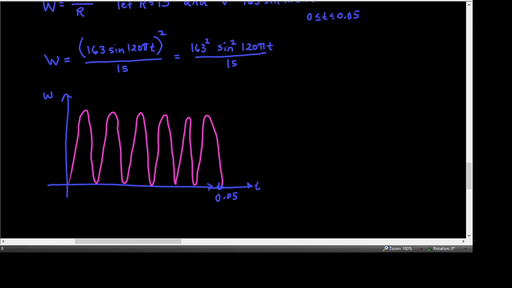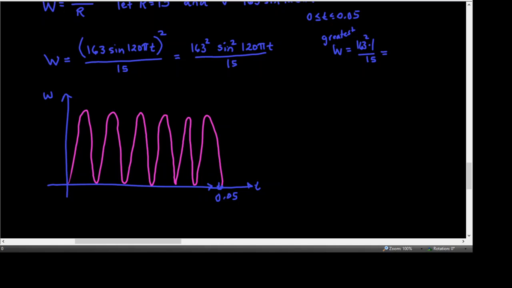By the way, since the largest value that sine can have is 1 and the lowest is -1, if you square that, that means that the greatest value you'll get for sine squared of something is 1. And so that means that the greatest wattage possible is going to be 163 squared times the greatest sine output when it's squared, over 15.